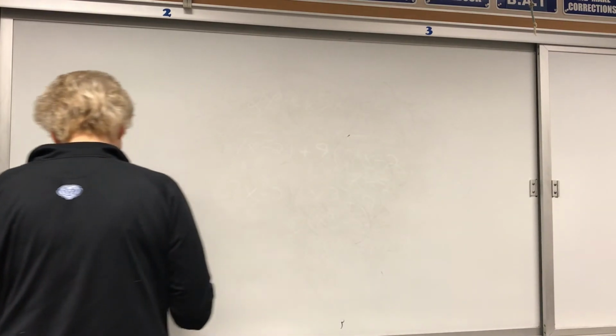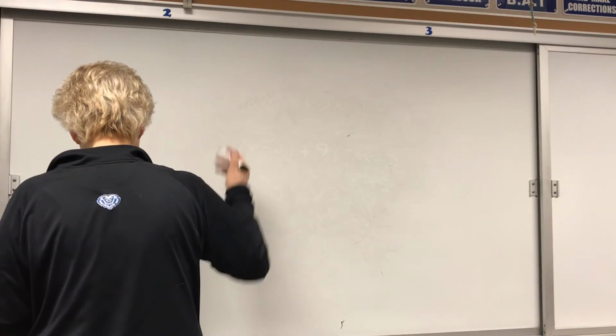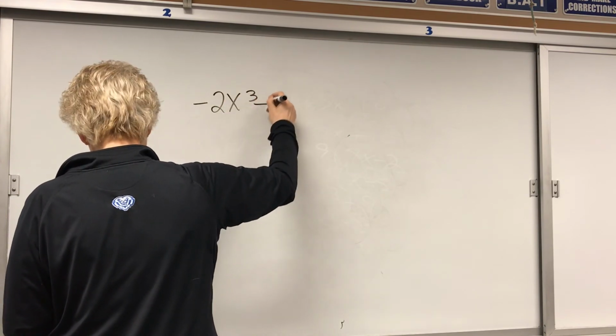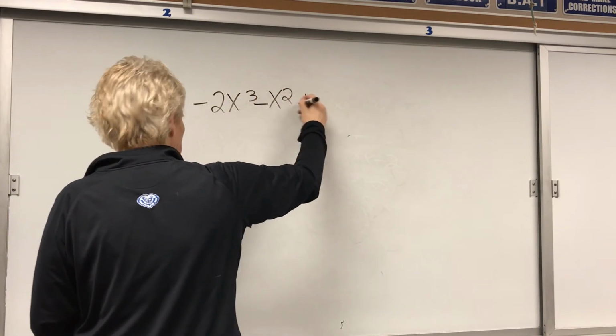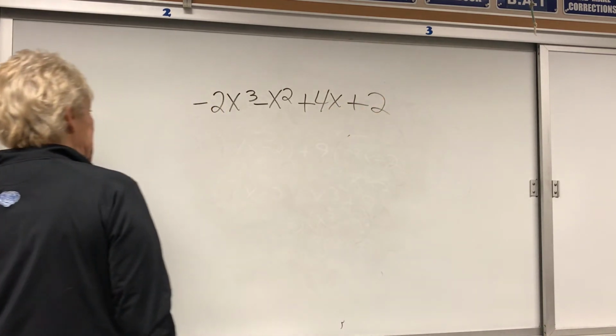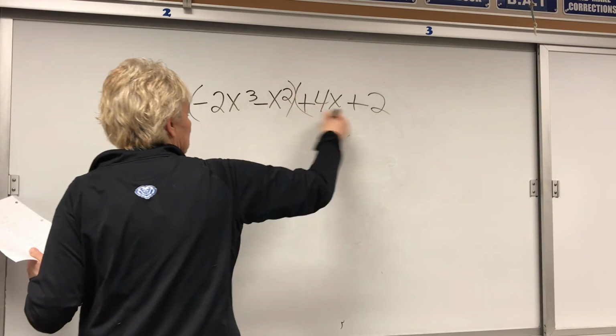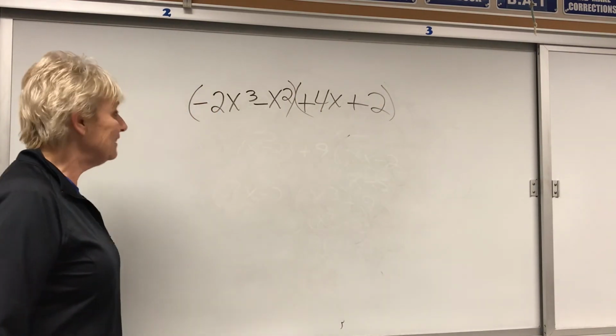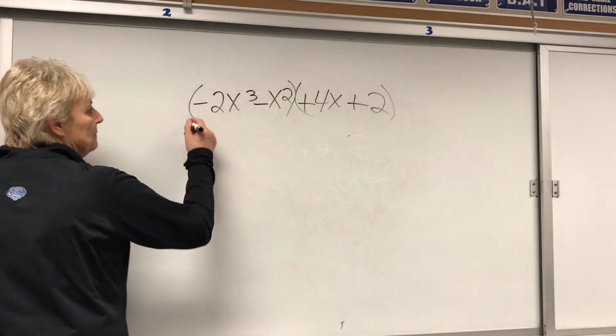All right. Negative 2x cubed minus x squared plus 4x plus 2. You can either pull out the negative now or pull it out later. I'm just going to pull it out now.